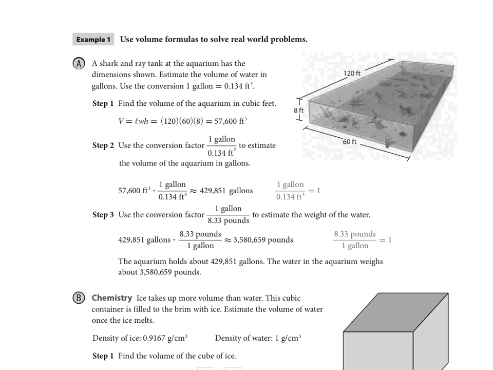So 429,851, we're going to multiply that by 8.33, and we have that a tank this size, which is pretty big, but not something that would be out of reach of a tank in an aquarium, is 3,580,659 pounds.